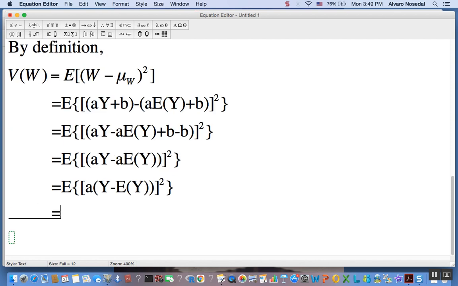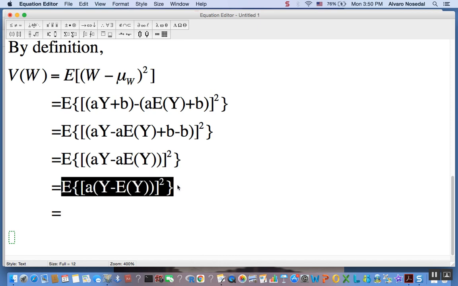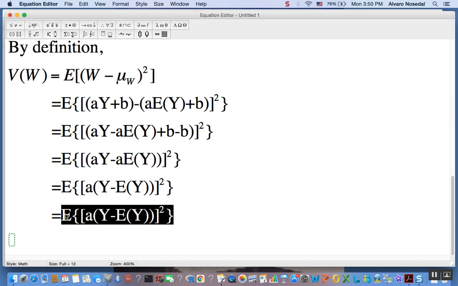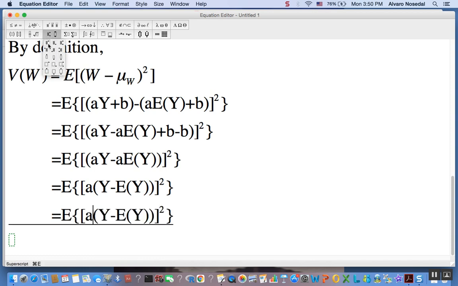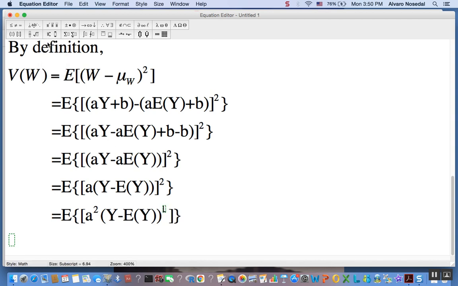As you can see, this is going to be the same as a square times y square. You guys agree? What we have is a times y minus expected value of y, the whole thing square. So this is going to be a square times the square of that difference, y minus the expected value of y. Right?